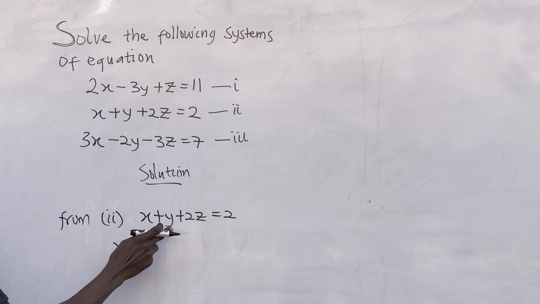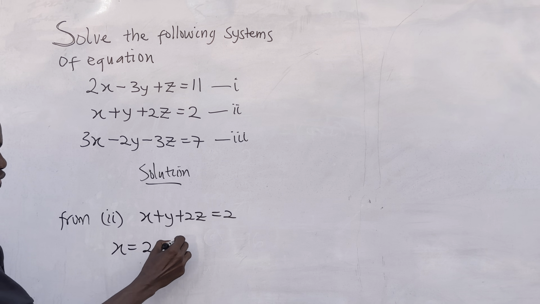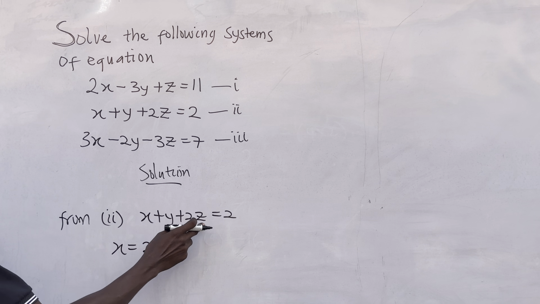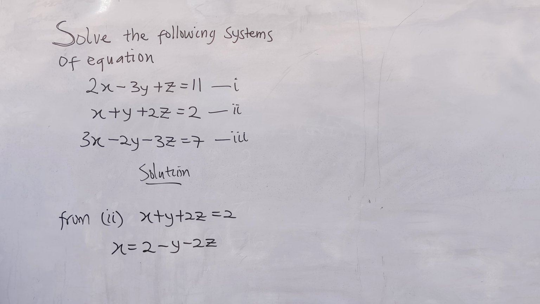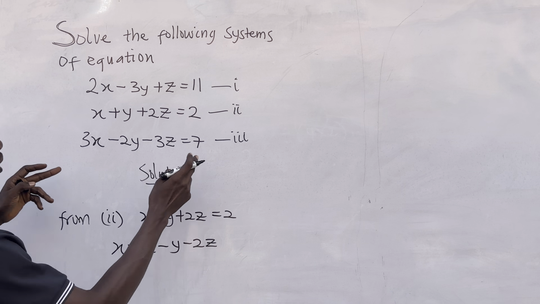Our positive y becomes minus y, and plus 2z becomes minus 2z. So we've made x the subject for equation 2.